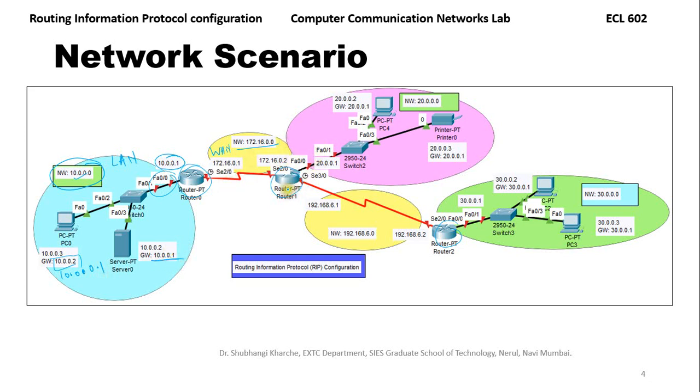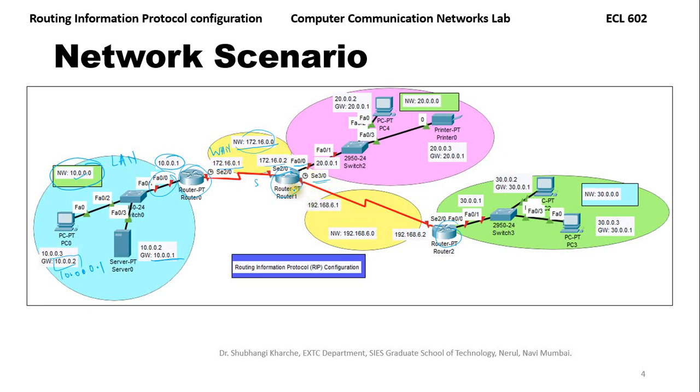Now if you see router 1, it has 3 interfaces: serial interface 2/0, serial interface 3/0, and fast Ethernet interface 0/0. The serial interface of router 1 will be configured with IP address 172.16.0.2, which belongs to this WAN network address 172.16.0.0, and the serial interface of router 0 will be configured with 172.16.0.1.